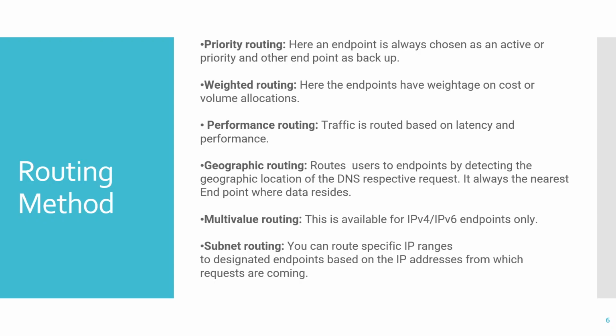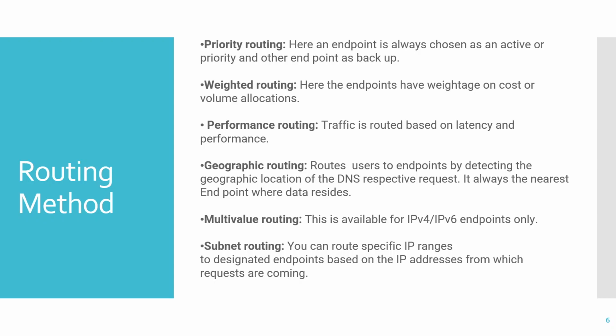What is geographic routing? We already discussed it. You can have multiple data centers with the same application running in different geographies. The request originator sitting very near to a specific data center will be preferred first. That is geographic routing. It routes users to endpoints by detecting the geographic location of the DNS request.